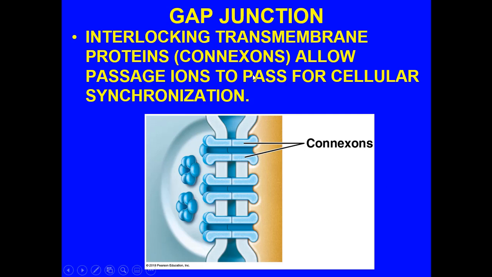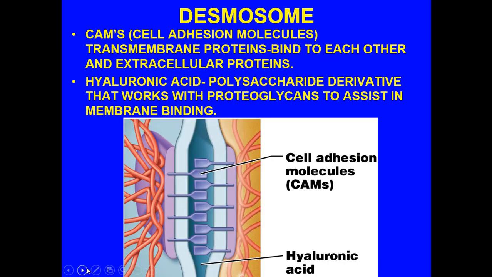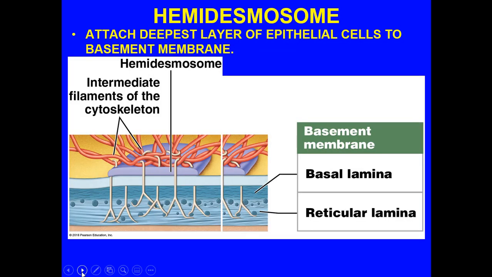They allow the passage of ions to pass for cellular synchronization. Then we get CAMs, the cell adhesion molecules, that play a very important role in desmosomes, okay? These bind to each other and to extracellular proteins, as you can see right through here. The hyaluronic acid, this is a polysaccharide derivative that works with proteoglycans to assist in membrane binding. So you see this all the way filled with hyaluronic acid.